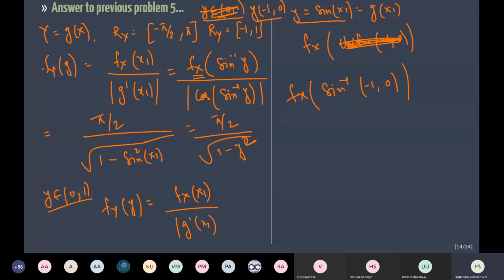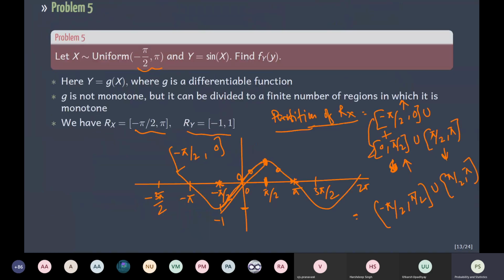I think there is something I'm myself missing from the method of transform. What we are supposed to do is to also see the partition for the y range, and within the y range we have to see where it's monotone. For instance, this is the y range, and this is where I found it monotone, right?